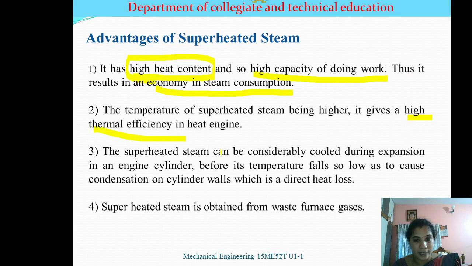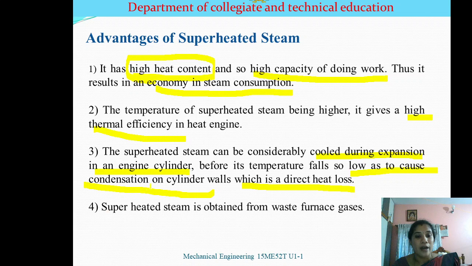This superheated steam can be cooled during the expansion in the engine cylinder, which can cause condensation in the cylinder. The condensation process of the superheated steam is comparatively easier than for other steam, maybe saturated steam or wet steam. So that is an advantage of the superheated steam.